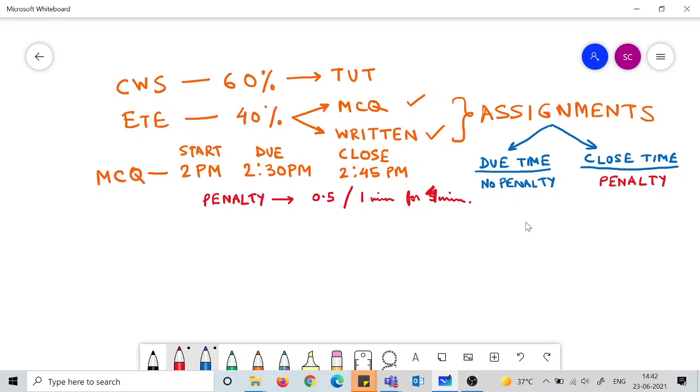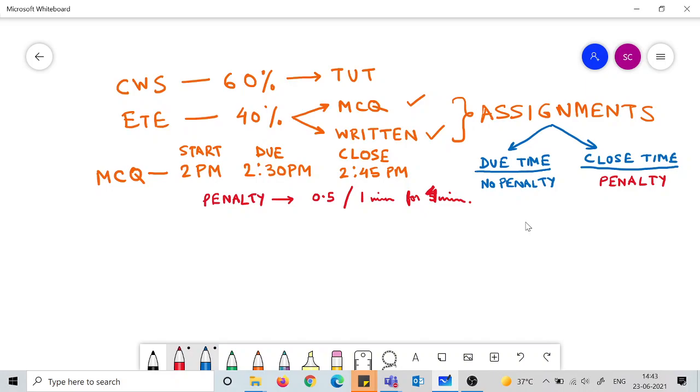And you may know that this is very clearly reflected when you are submitting, how much delay you have done for the submission. So based on that information only, from what has been recorded in the Teams, this penalty would be accrued to you. So please submit within the due time.